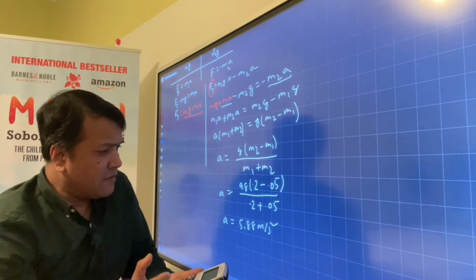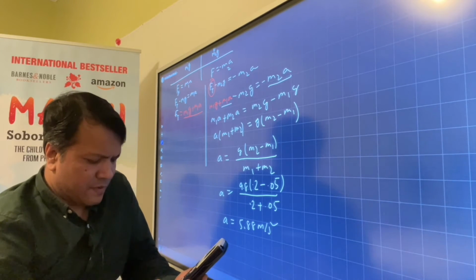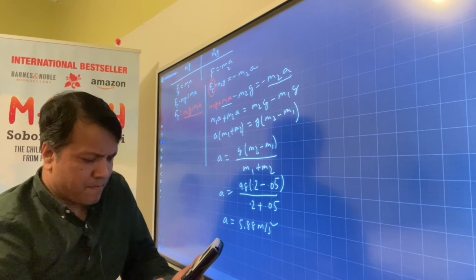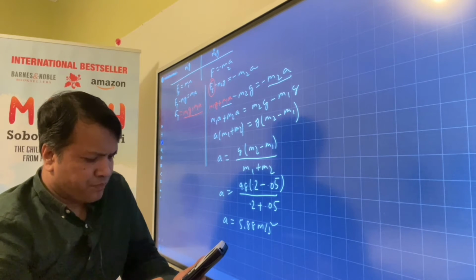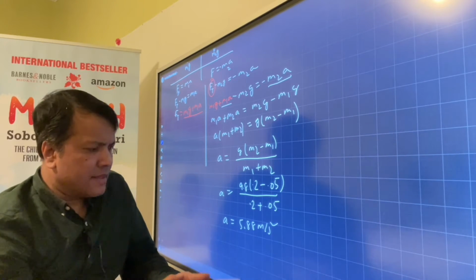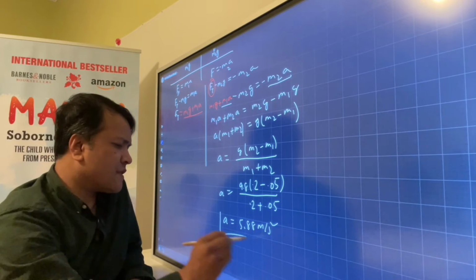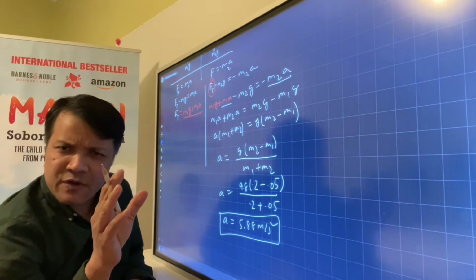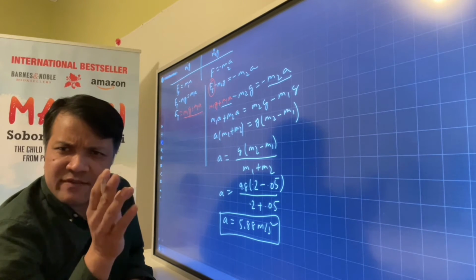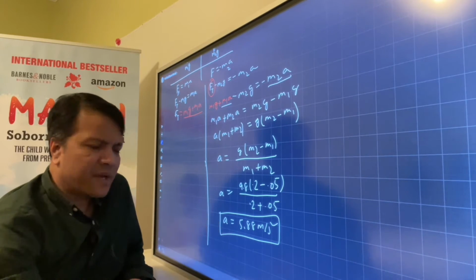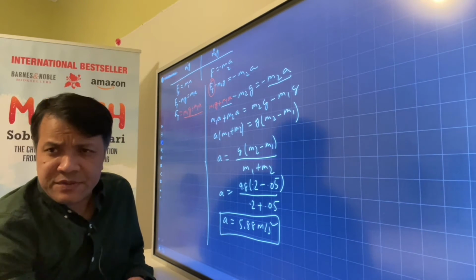It's always good to double check, just to be safe. That is correct. It is 5.88 meter per second square. This elevator needs to be shut down immediately because if people take this elevator, it will accelerate 5.88 meter per second square, and that's not good.